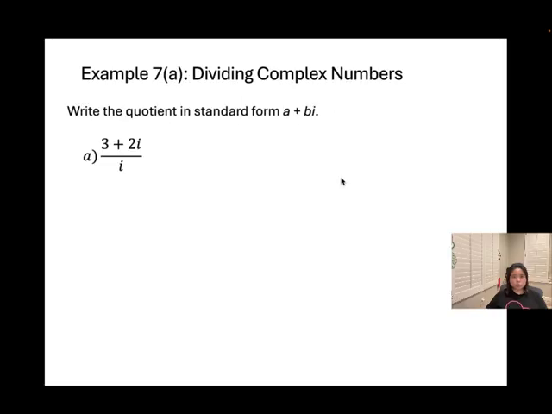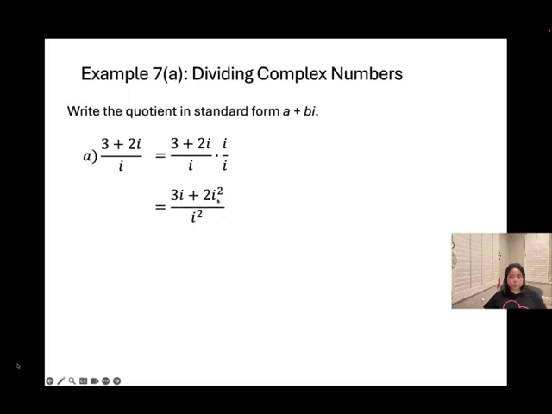Okay, what's the quotient in the standard form a plus bi? Since on the denominator, we only have the imaginary part, what we're gonna do, we could just multiply by i over i. Okay, we try to get rid of the complex number on the denominator. So we could multiply by i over i here. Distribute the i.